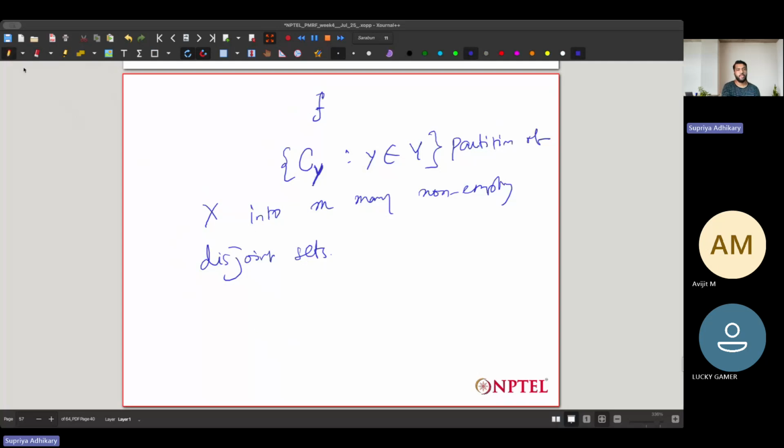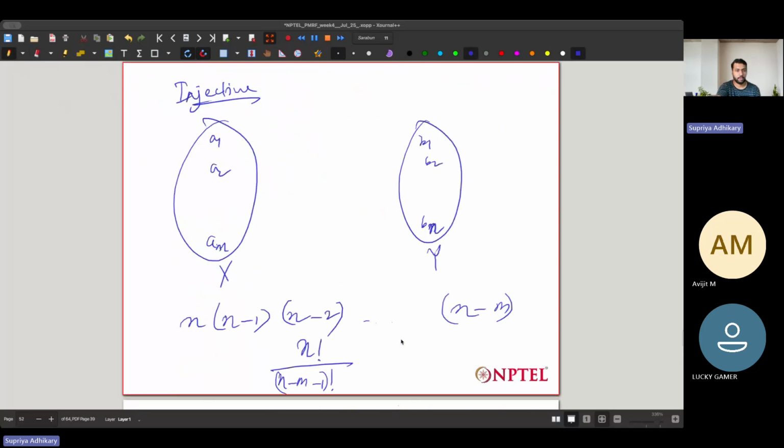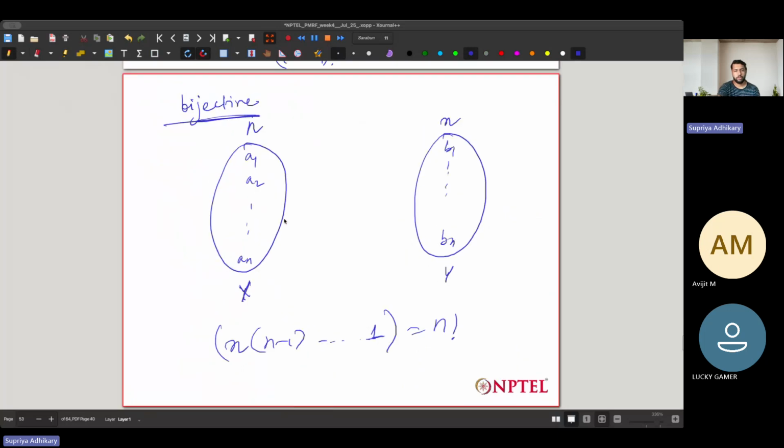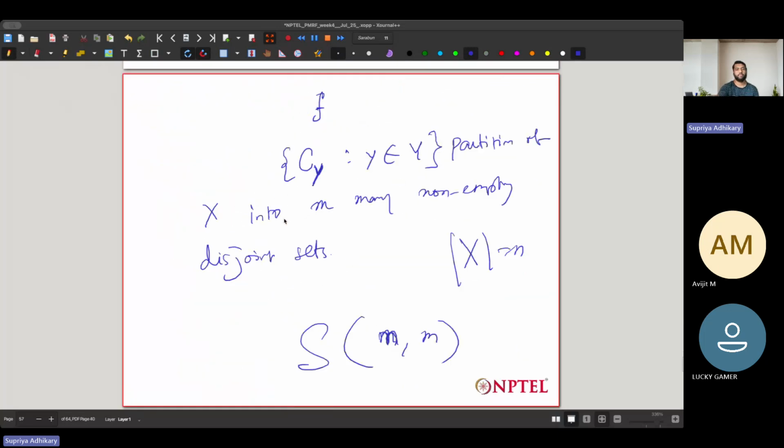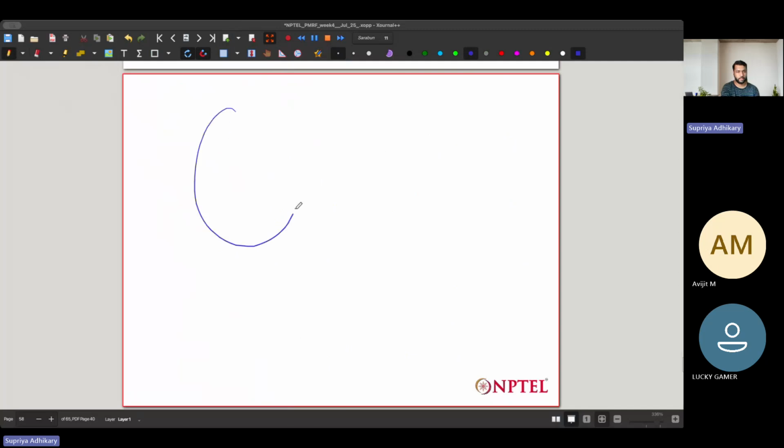How many ways can we partition a set X of n elements into m many disjoint subsets? That is S(n, m). So that's what we have seen. That is what the Stirling number represents. That is this many ways we can partition this set X.